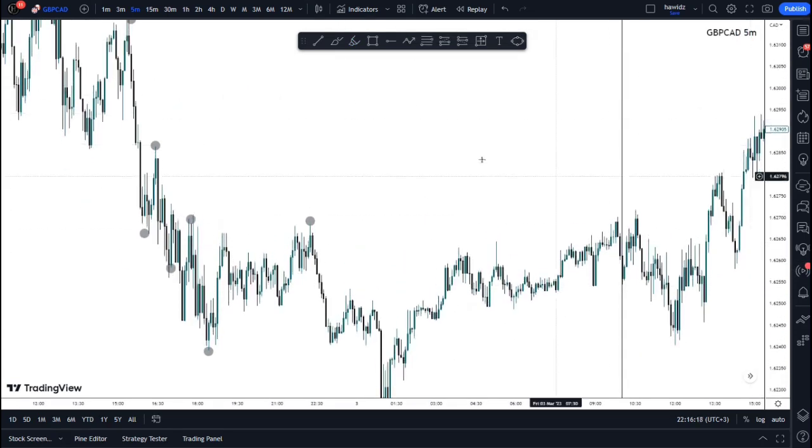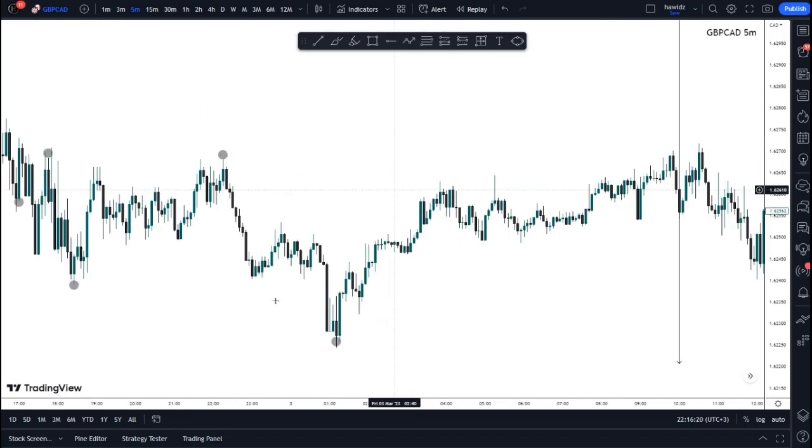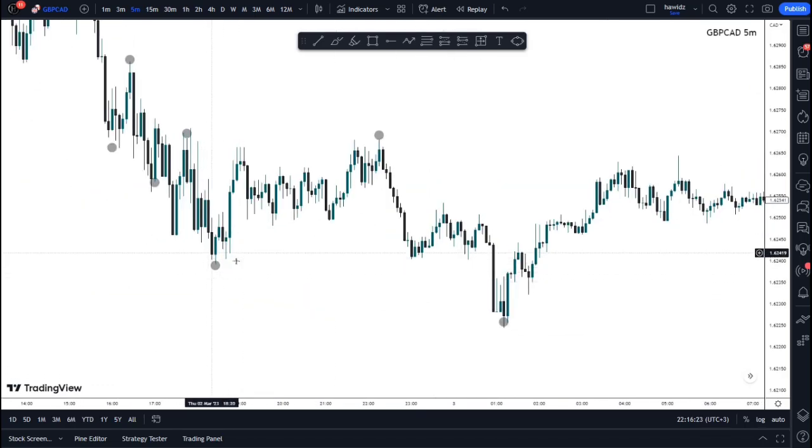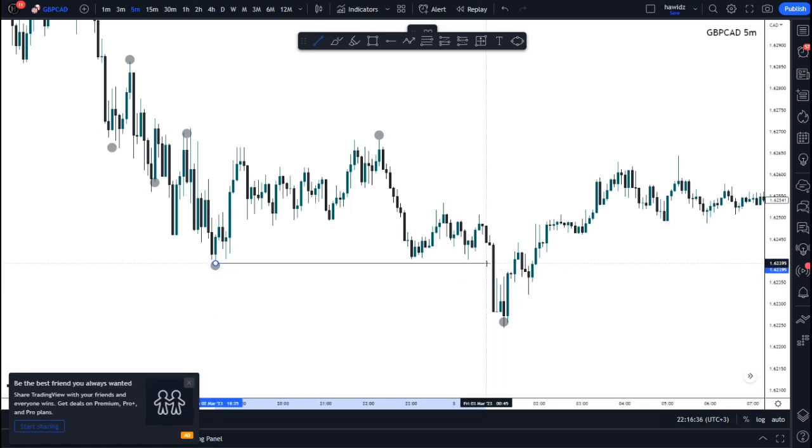Now this is what happened, right? So price created this low here, and then created this higher low, and then a lower low with this breakout structure right here, right? Let's just name this as a BOS.